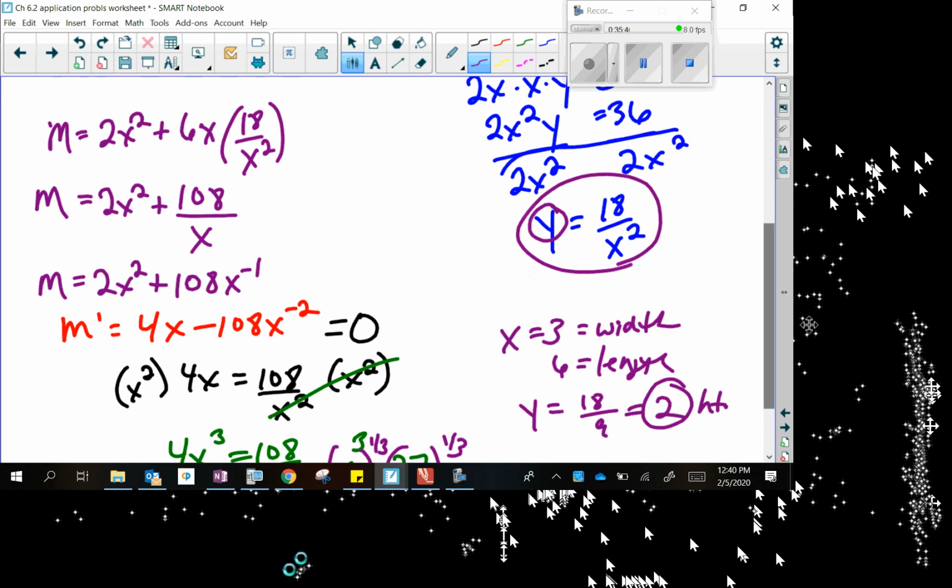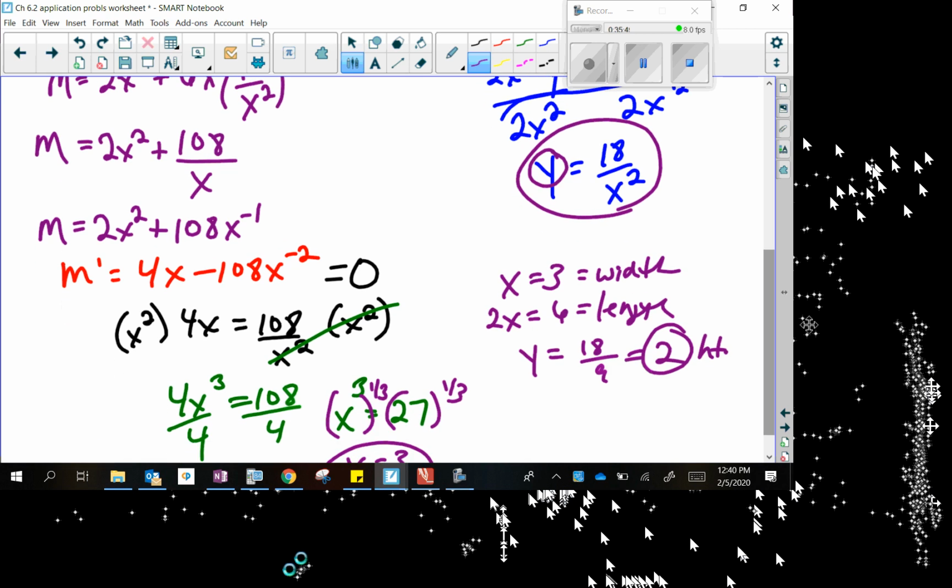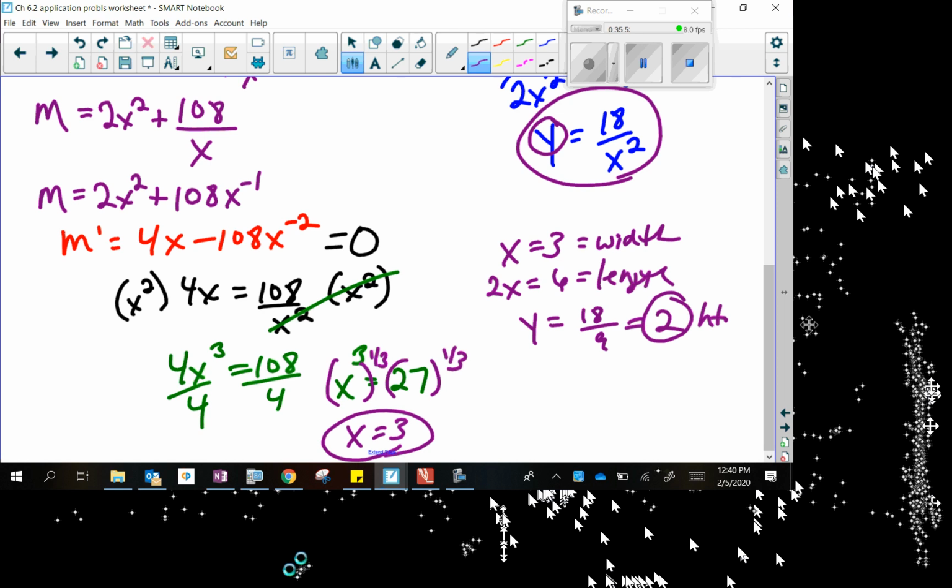So the width is 3, 2 times x is the length, and then the height is 18 divided by x squared. So again, my box is 3 by 6 by 2.